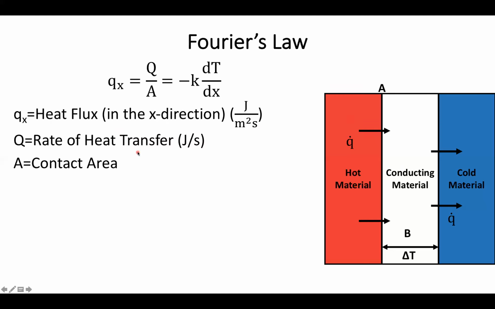So this is my size extensive heat transfer rate, which is going to typically be in joules per second, and is going to be mediated by our contact area. So I'm going to have a large heat flux when I have a large amount of heat transferred over a fairly small area.